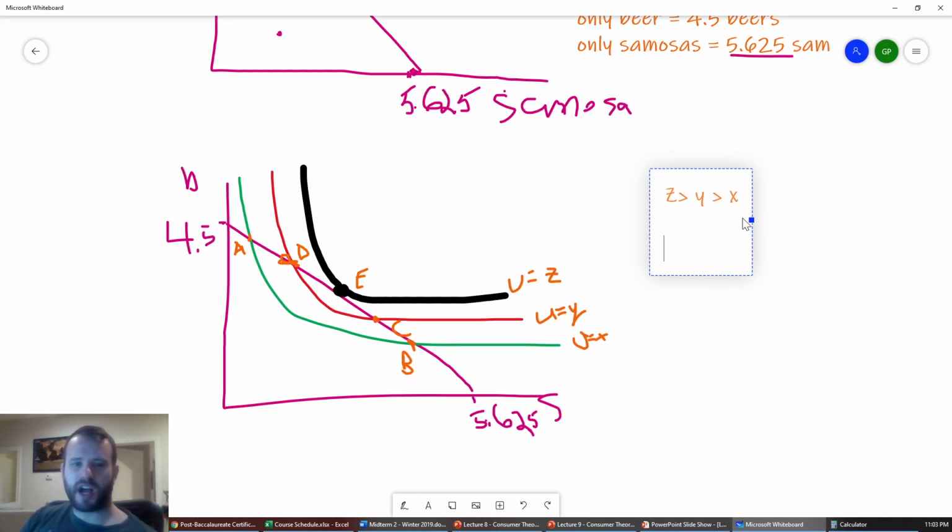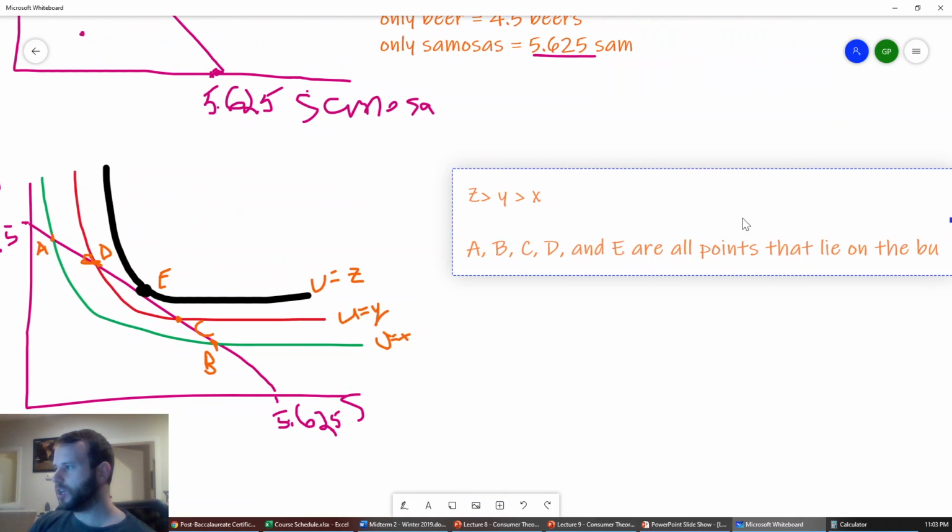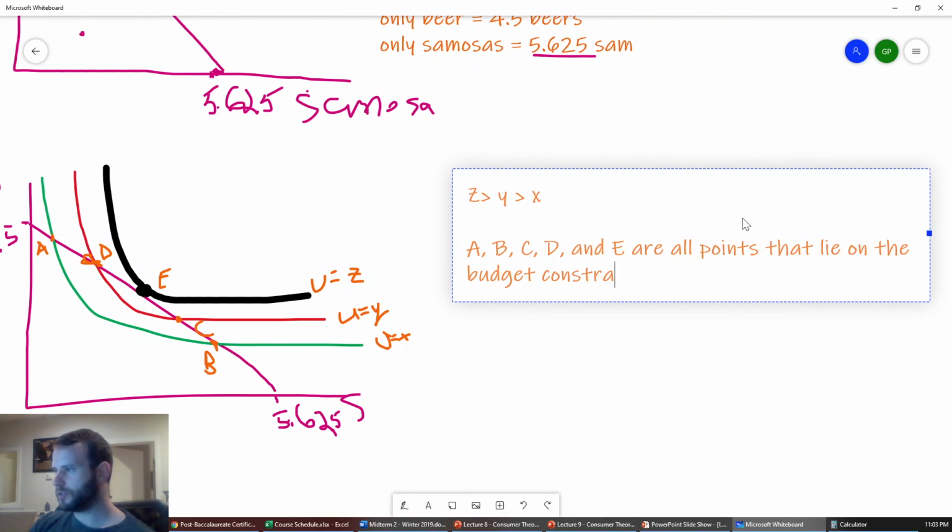So what can we say about A, B, C, D, and E? A, B, C, D, and E are all points that lie on the budget constraint.